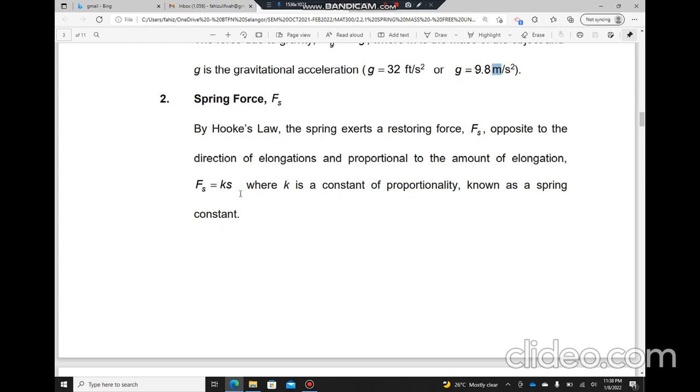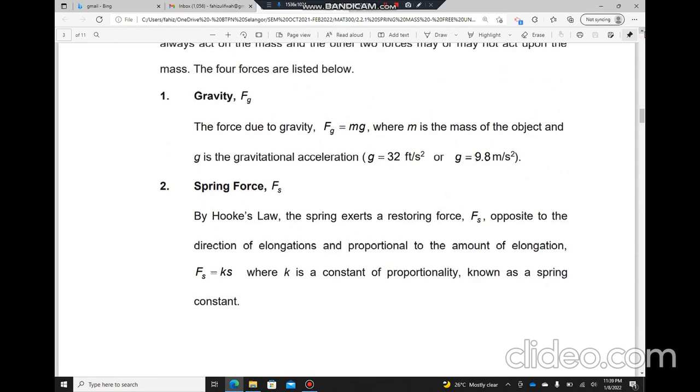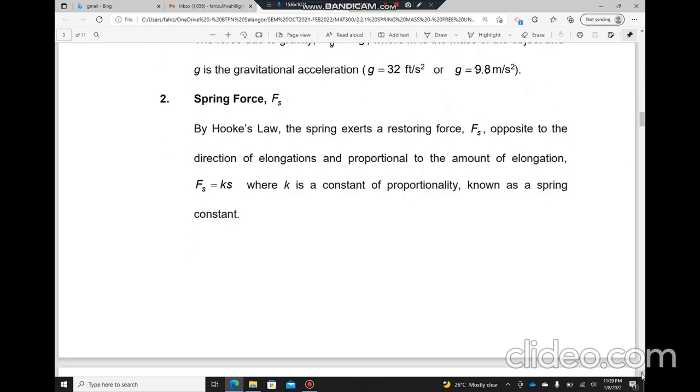Fs equals Ks, where K is a constant of proportionality known as the spring constant. The formula is F equals Ks. K is the spring constant, and S is the elongation of the spring. So these two forces, gravity and spring force, are always present in our spring mass system. It has the gravitational pull, and it has the force from the spring.